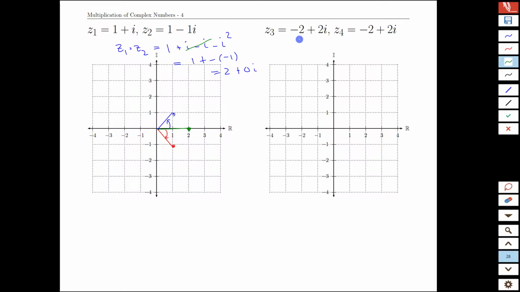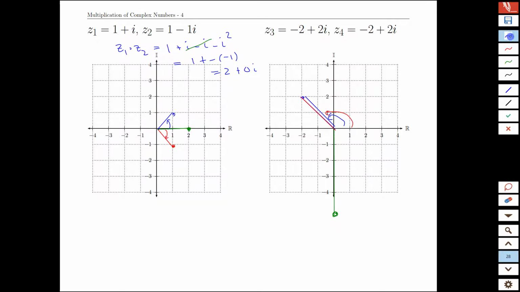If we multiply those, what we're claiming is, well, the angle that we got for both of these is 3/4 of a half circle, 3 pi over 4. And so if we add those together, we should get to 6 pi over 4, which would be straight down if we did it right. So my claim would be that our answer has to lie on the negative imaginary axis if this angle thing works. Well, let's find out.